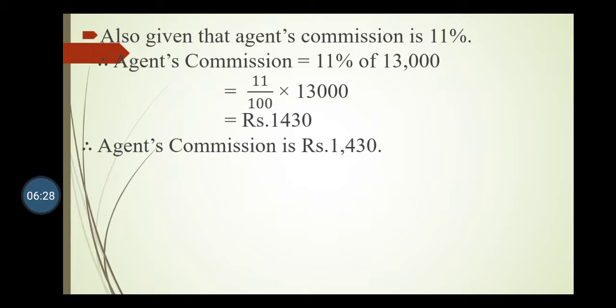Also given that agent's commission is 11%. Therefore, agent's commission equals 11% of 13,000, which is equal to 1,430. Therefore, agent's commission is 1,430. Okay.